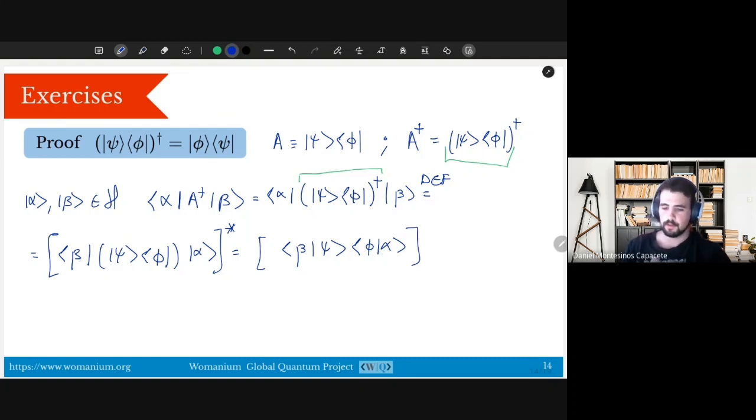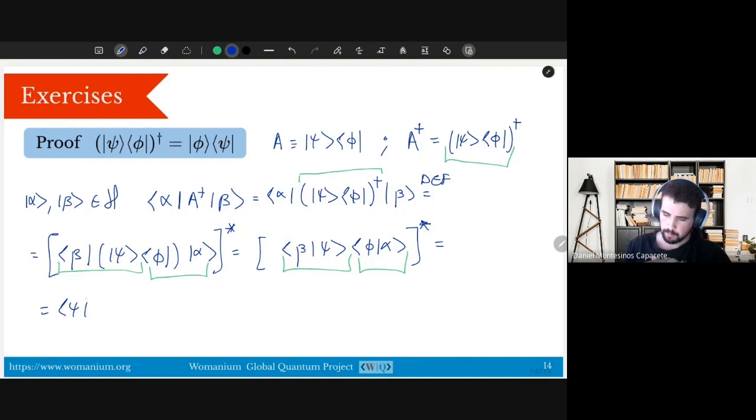right? I just do the bracket here and the other bracket here, also the complex conjugate. I'm applying the complex conjugate to each of these scalar products because these are scalar products. Remember that.